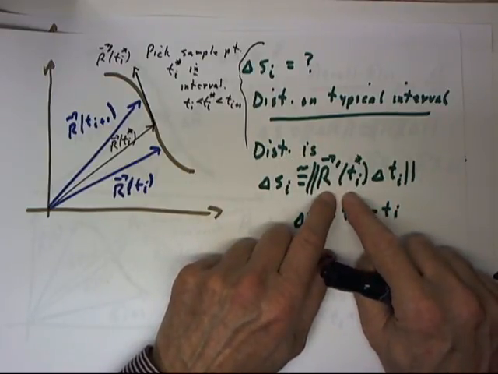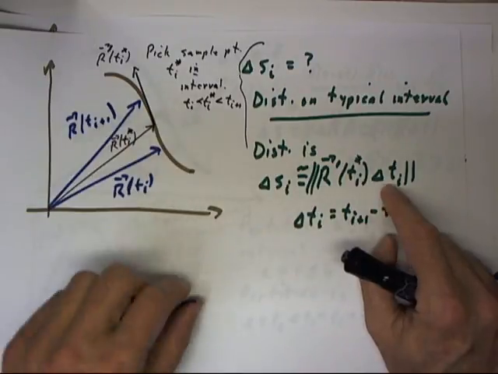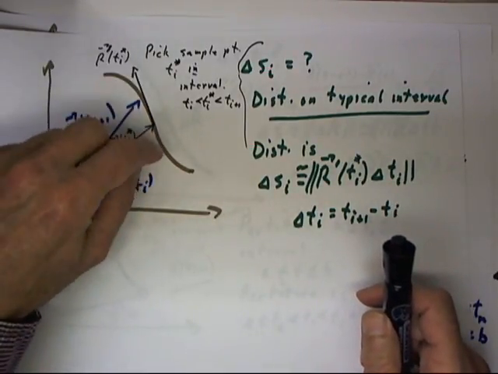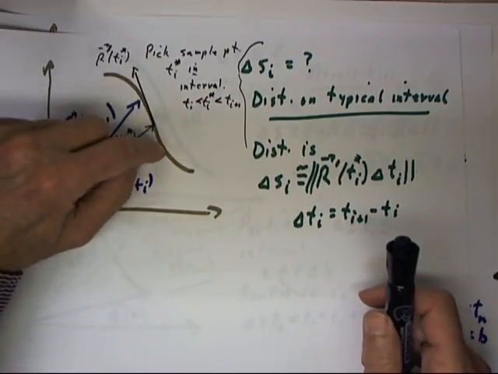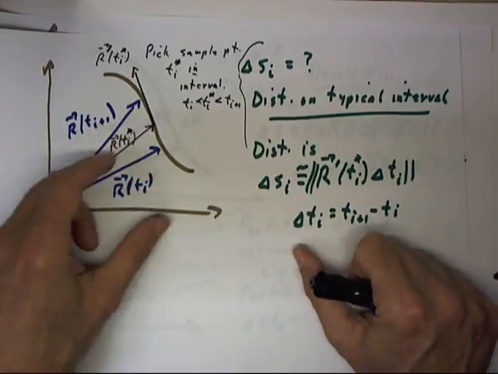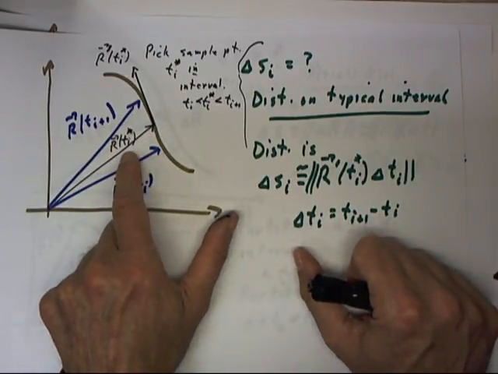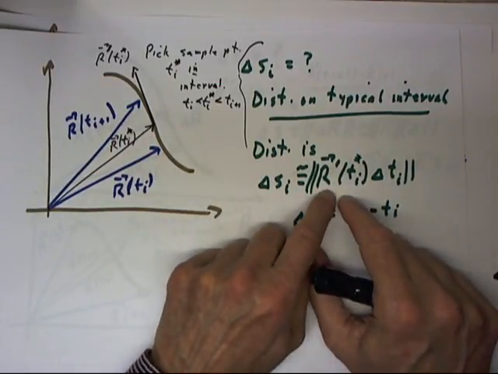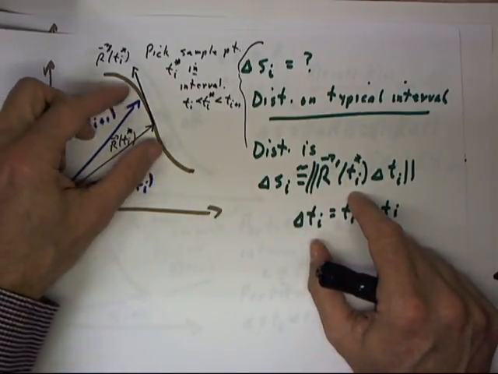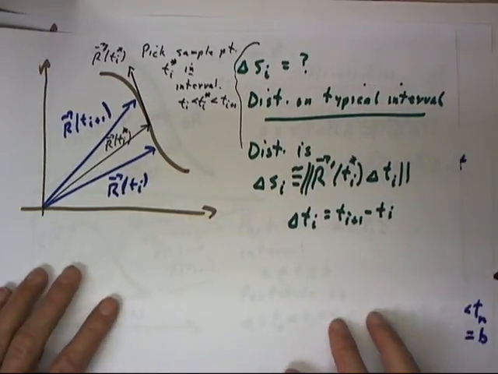Now the r prime of t sub i times delta t sub i is a vector that's very close to the vector delta r from this point to this point. We've depicted that vector before, about this big. Since we're choosing an arbitrary sample point, the r prime might be a little bit different than it would be if we took an average of the r primes.